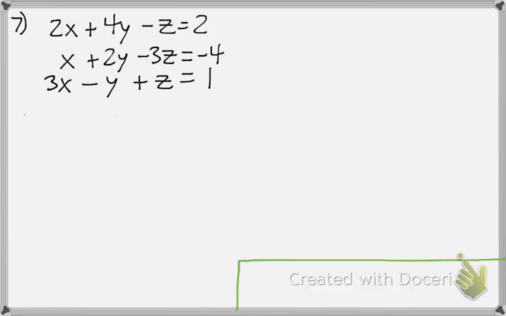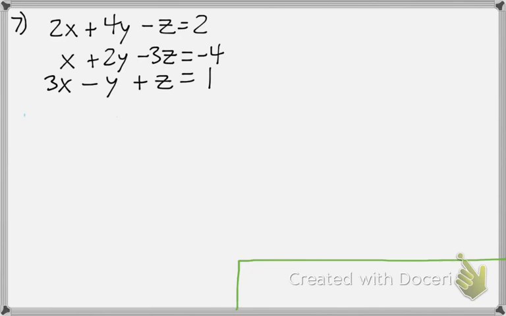On number 7, I'm trying to solve this using Gaussian elimination. I need to get a 1 in front of this x, which is something we haven't had to do yet. So I'm going to swap equation 1 and equation 2, because equation 2 already has a 1 there.